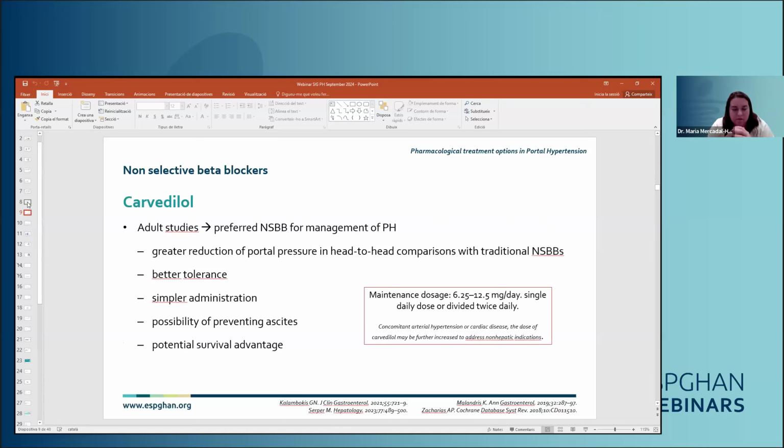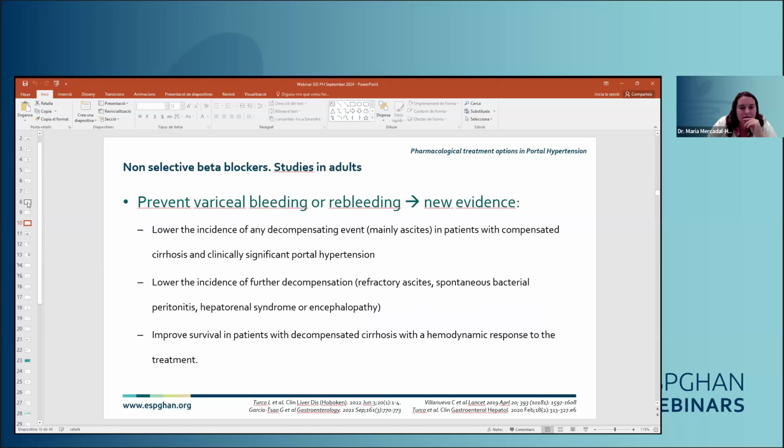So in general, what adult studies have put together is that carvedilol is preferred to propranolol right now because of this greater reduction, because it's better tolerated, the administration is simpler, but also because maybe there are already a few studies showing prevention of ascites and potential survival advantages. This is basically the newest evidence in adults with portal hypertension using carvedilol.